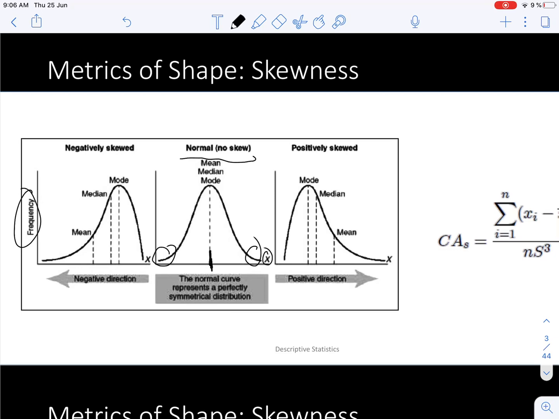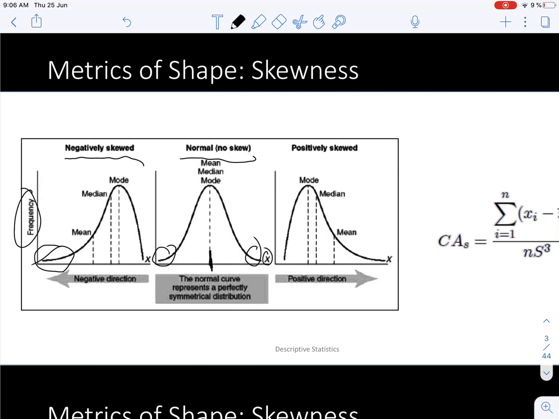Now, in some cases, it is possible that we have a longer tail that extends either to the left or to the right. When we talk about negatively skewed data, it's when the tail extends to the left. We have a longer tail on that side.